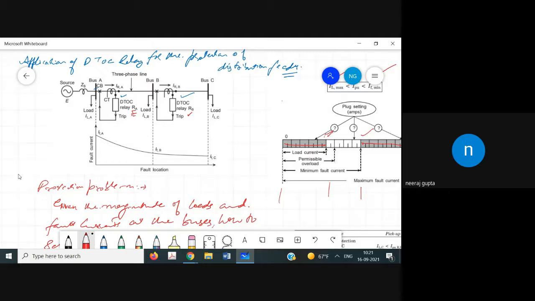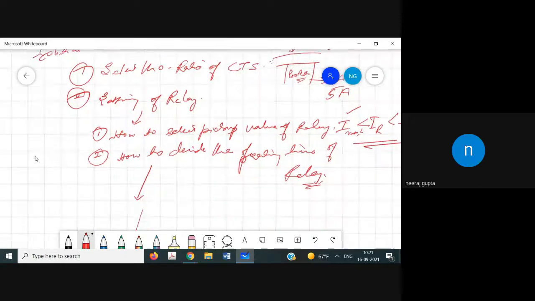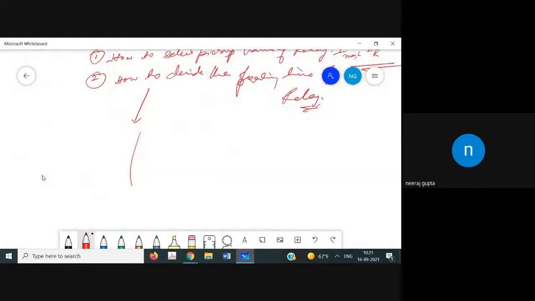Now, let us suppose this is the RB operating time, and let it be represented by TRB.